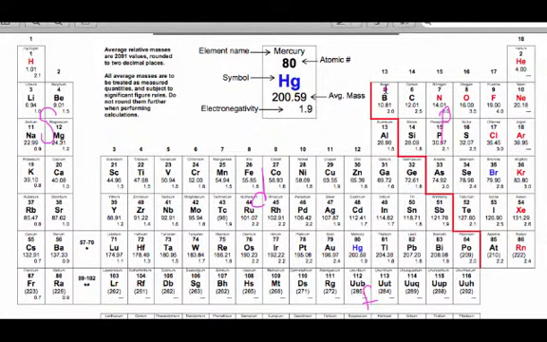It's 6 wide. 1, 2, 3, 4, 5, 6. The D zone is 10 columns wide. It ends right here. Count these. You'll see there are 10. And you can fit 10 electrons into the D orbitals, and F's are 14. We won't even bother with going into the F's, so don't worry about that.